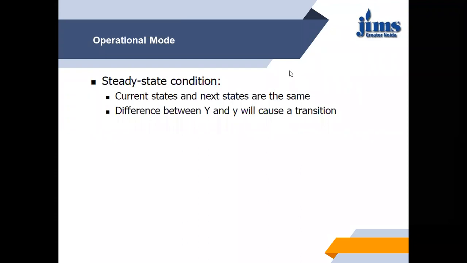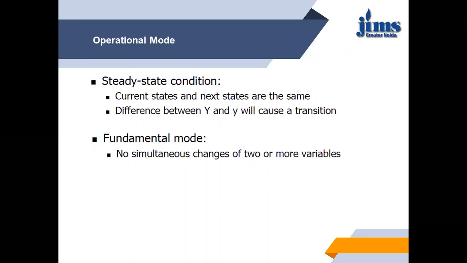A difference between small y and capital Y, that is the secondary variable and the excitation variable, will cause a transition. Unless the present state and the next state are the same, the circuit is not in a steady state condition.